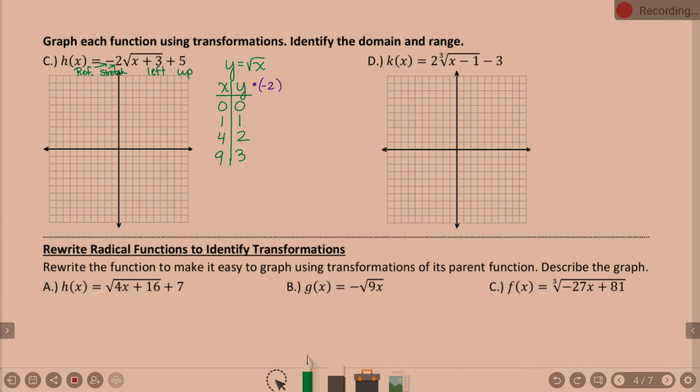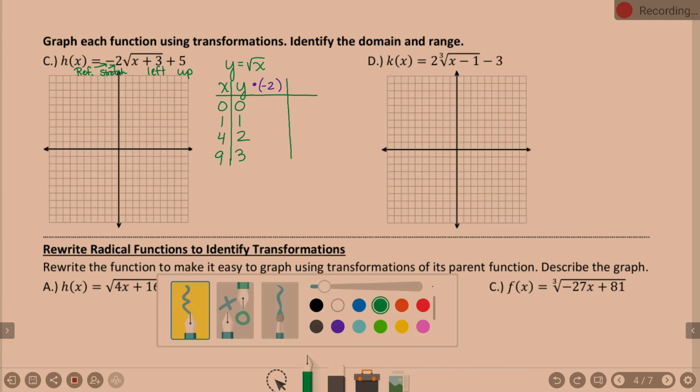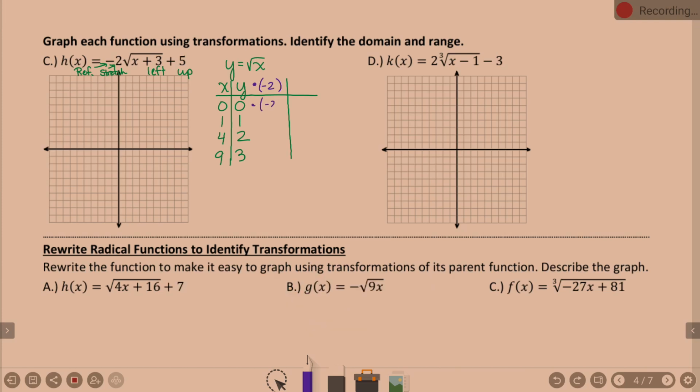We're going to come up with new y values. By multiplying by -2, we take care of the reflection and the stretch.